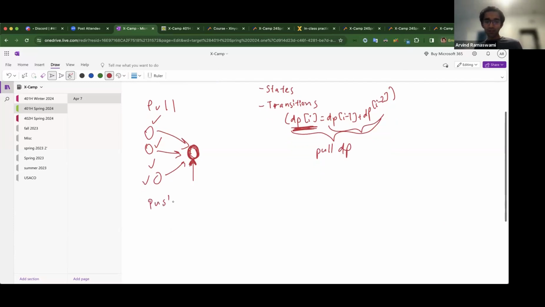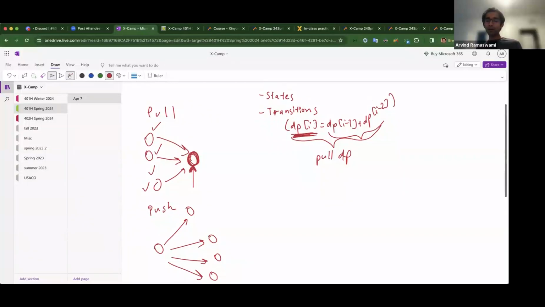Meanwhile, push DP is where you assume dp has been computed for your current state, and you want to find its contributions to later states. So how would I write this in a push DP style? Any ideas? Good.